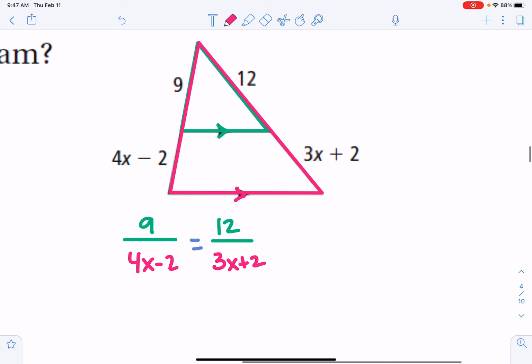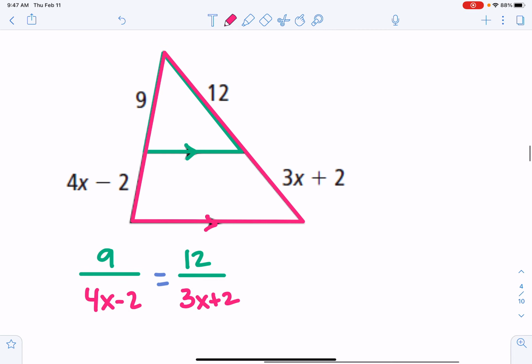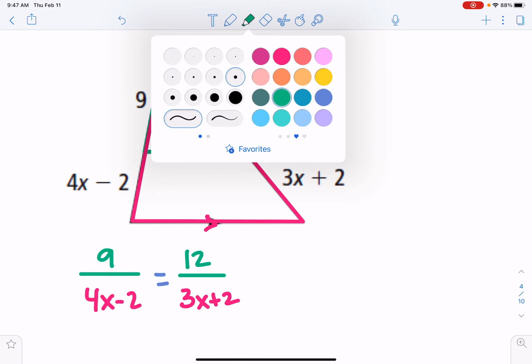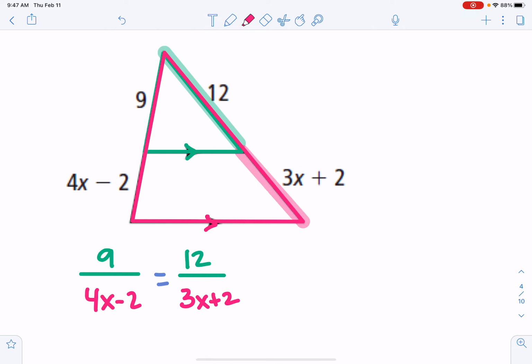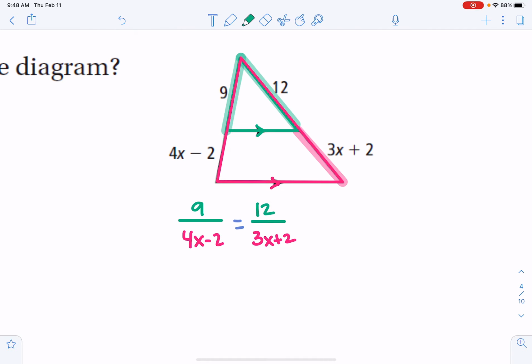So again, just 12 over 3x plus 2, not 12 over 12 plus 3x plus 2. That gets kind of tricky. There's different scenarios when you do different ones. But for this theorem, it's just this part over this part. And that equals this part over this part.